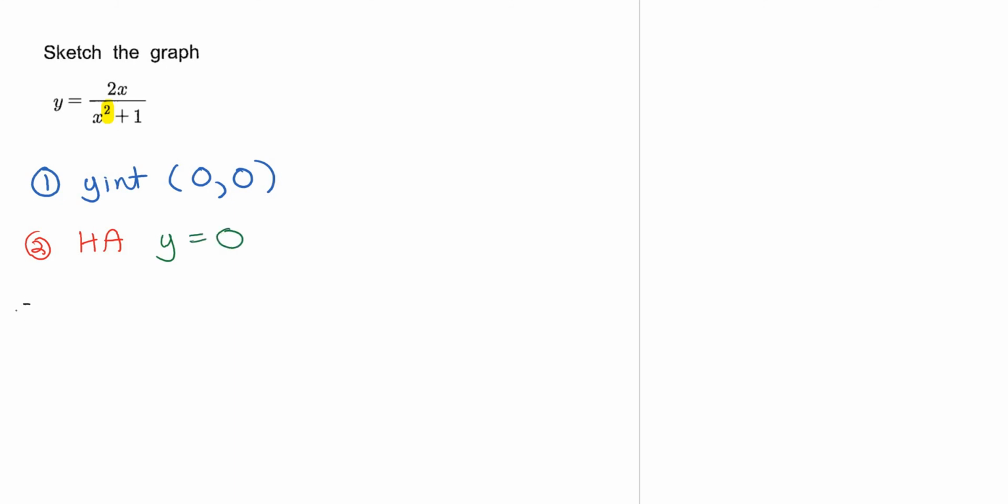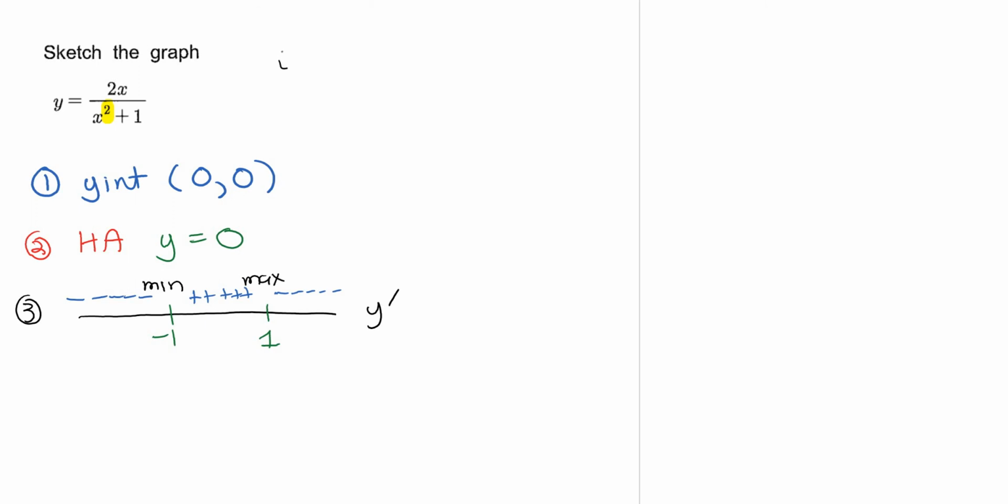Okay, the third step here, I will give you the results from the first derivative test. So y prime, and my critical numbers are -1 and 1. And that means the results here would be negative over here, positive over here, and negative over here. And that means I have a minimum when x equals -1 and a maximum at x equals positive 1.